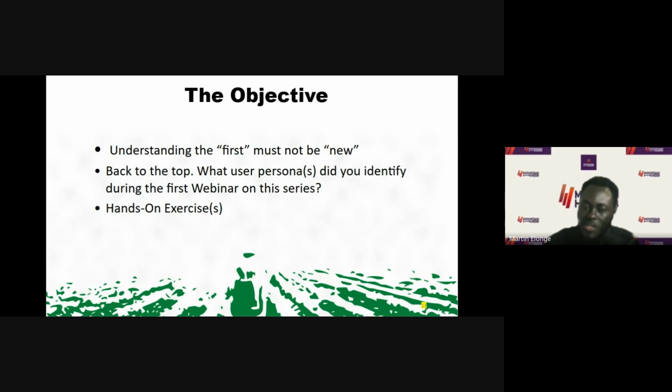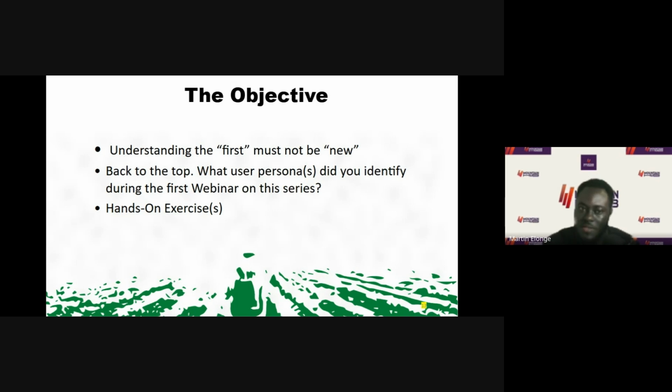Maybe it's age, maybe it's location, maybe it's marital status, maybe it's family, based on the product or service which you're offering. So it could be first, it could be new, right? It could be the first, but it's not entirely new. So these are things that we get to play around with. So we have to understand that the first must not be new.